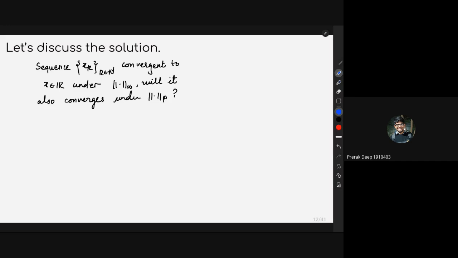Let me just rewrite the definition of convergence. When do we say xn converges to x? If for any epsilon greater than 0, there exists some n, depending on epsilon, in the natural numbers, such that the norm of xk minus x under the supremum norm is smaller than epsilon for all k larger than or equal to n epsilon.